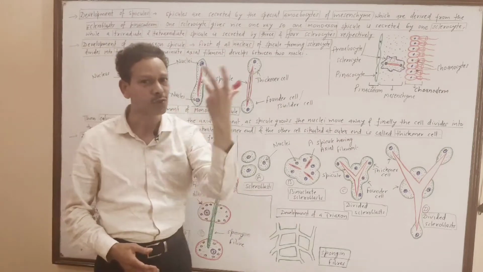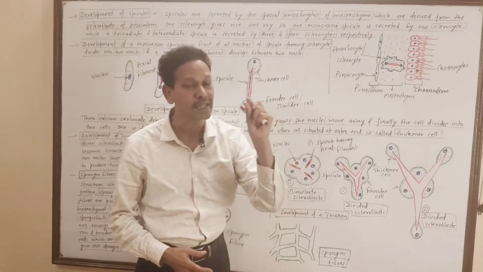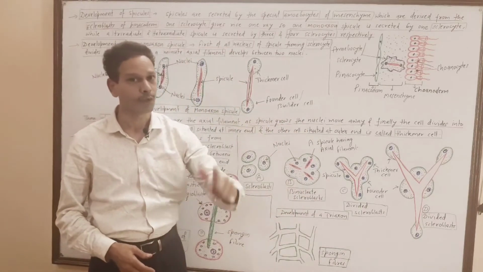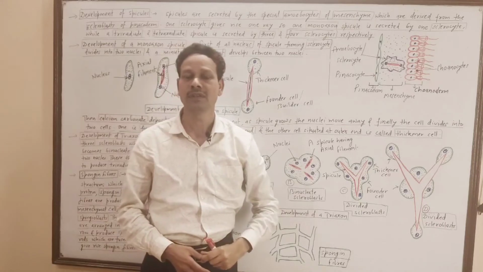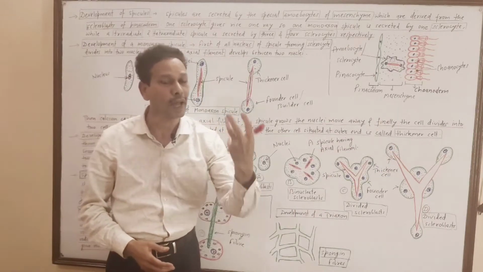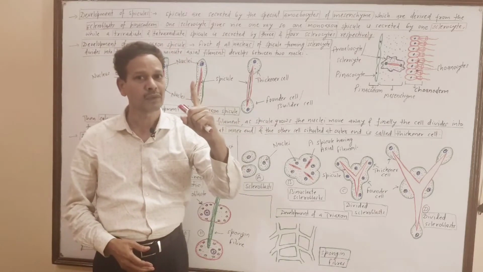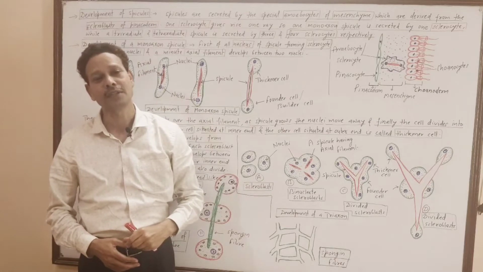The cells of pinacoderm which give rise to these amoebocytes are named scleroblasts. Dear students, the spicule-forming cells are scleroblasts, and one scleroblast gives rise to one ray. It means a monaxon spicule is developed from one scleroblast.